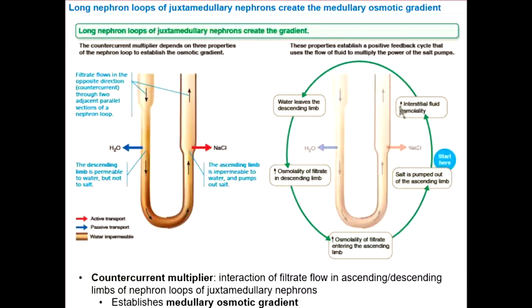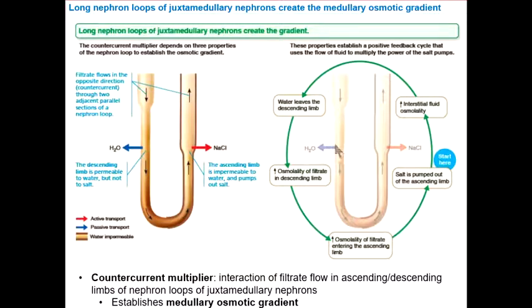So we have an increase of interstitial fluid osmolality, meaning that our osmotic pressure in our interstitial fluid is very high. So that fluid is entering our nephron, and once it gets into this descending loop right here, well, all that extra fluid is allowed to leave because the descending limb allows water to leave. So water leaves the descending limb, and you can see the arrow right here.